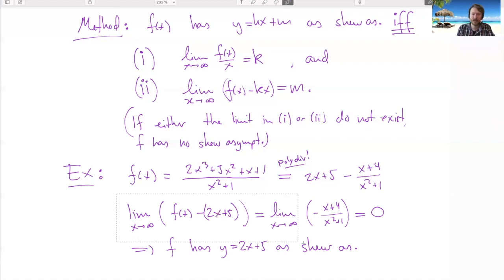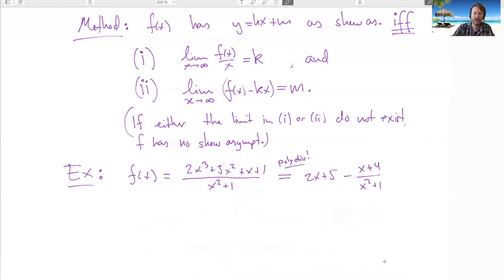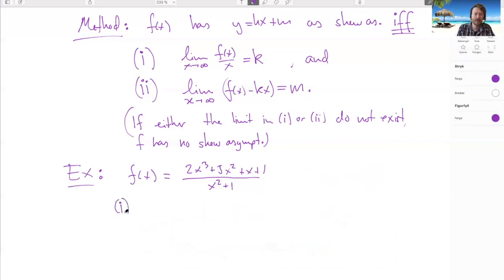So in order to keep the method in plain view, let's just delete this stuff. And then let's do step 1. So now we have no idea what the skew asymptote is. And all I do is compute the limit as x goes to infinity of f of x divided by x. So by plugging in, we get (2x to the third plus 5x squared plus x plus 1) divided by (x squared plus 1). And who are strongest now?